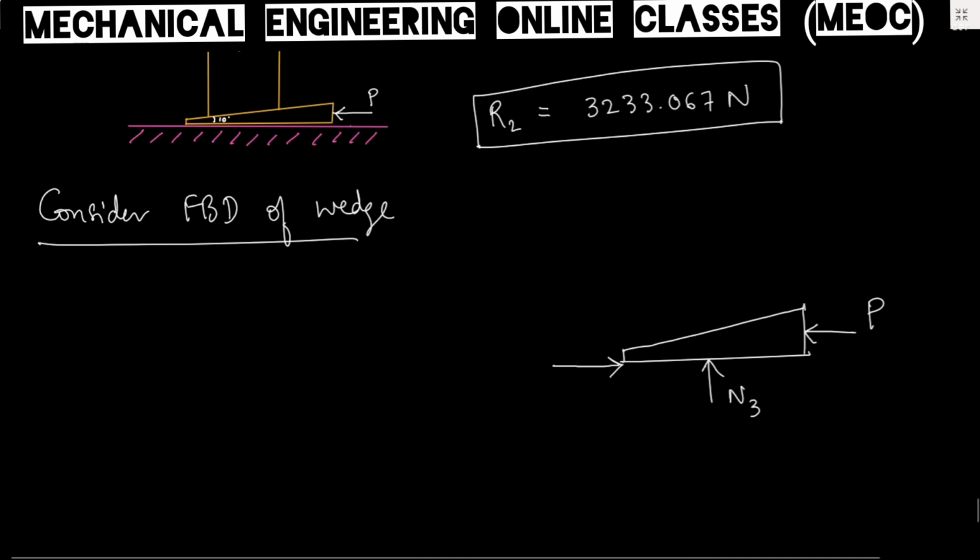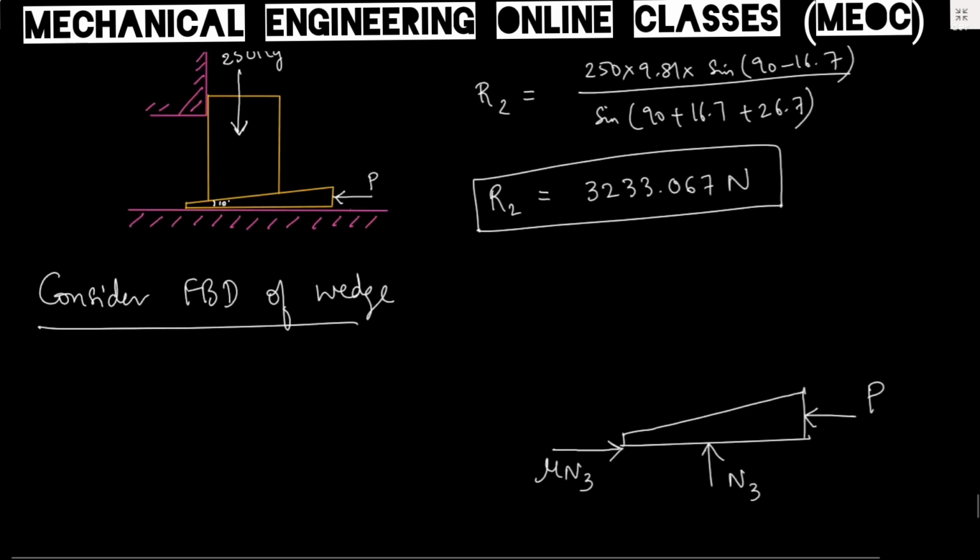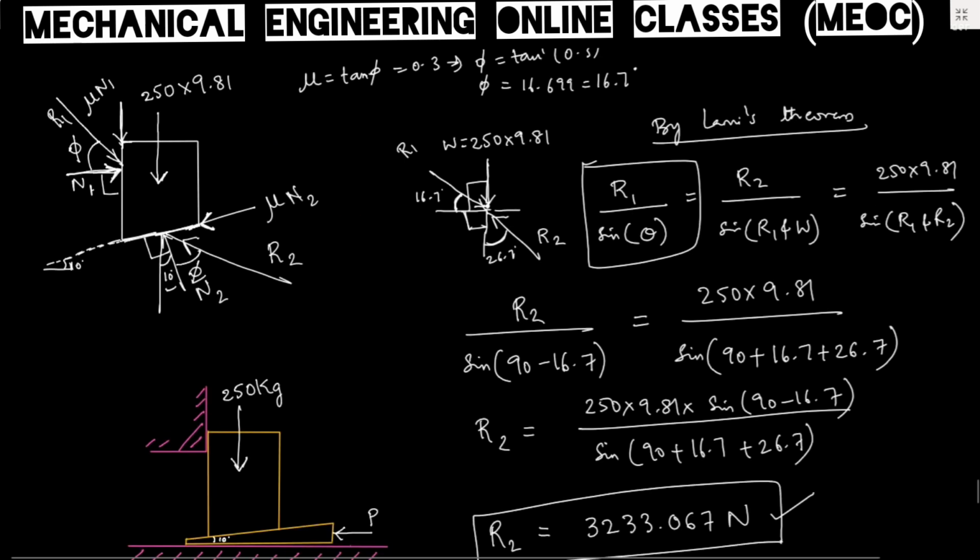So here the normal reaction from the floor to the wedge is N3, and the friction is mu into N3. And naturally there is a normal reaction from the block also, but because we have already found R2, it is the resultant force acting from the wedge to the block. This resultant takes care of both mu N2 and N2.